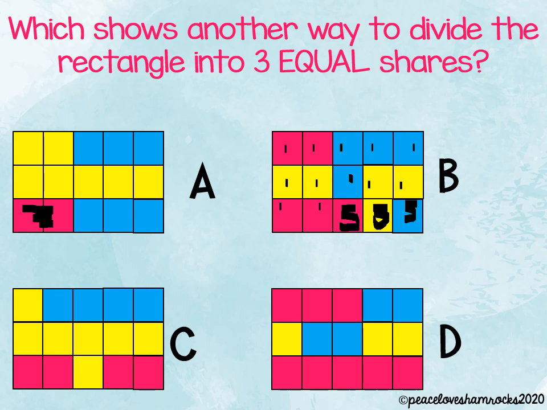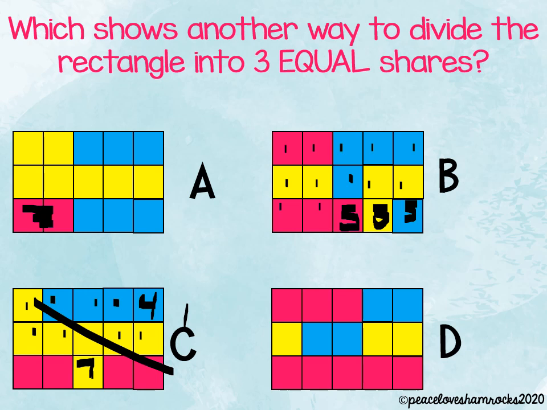Let's just make sure that there's not more than one correct answer. On C down here, blue has 1, 2, 3, 4, and yellow has 1, 2, 3, 4, 5, 6, 7. So this one's not it because the person that got blue would get a lot less than the person that got the yellow. And let's come on over here.